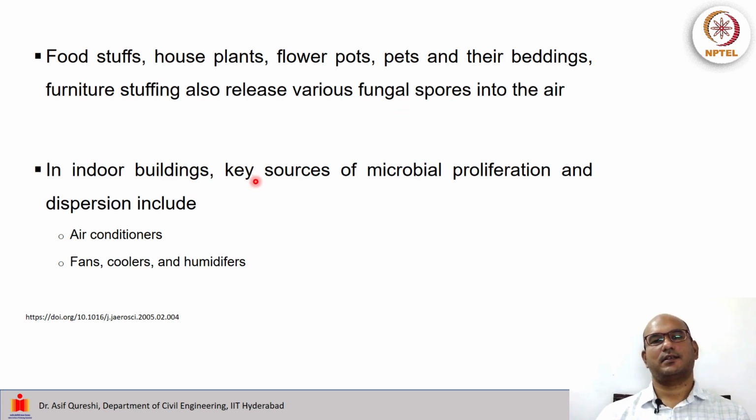In indoor buildings, an important source of proliferation and dispersion of microbes are things that create turbulence within the indoor air. So these include air conditioners, because they are throwing air into the room and basically creating air motions within the room, and that may lead to better movement of aerosols, better dispersion, and if these flows are such that they resuspend the deposited dust, then also proliferation.